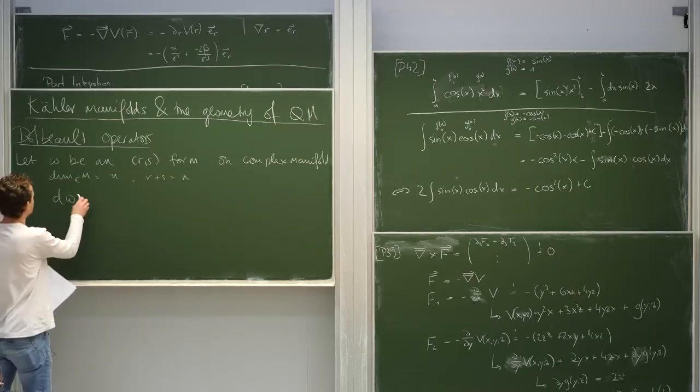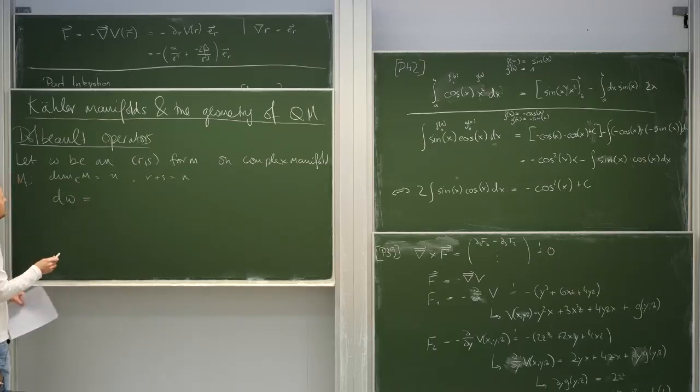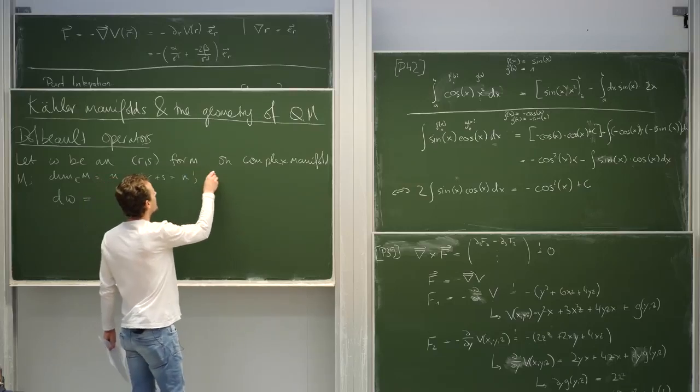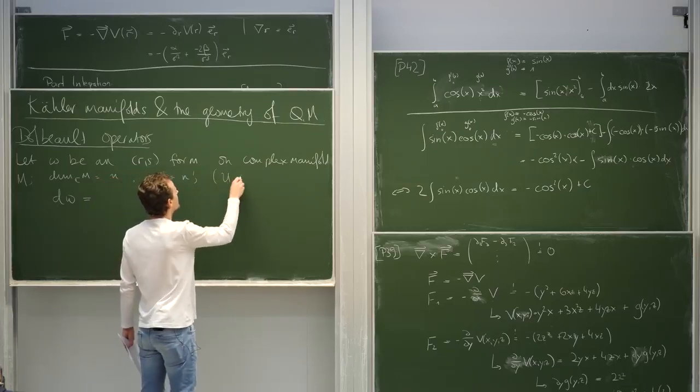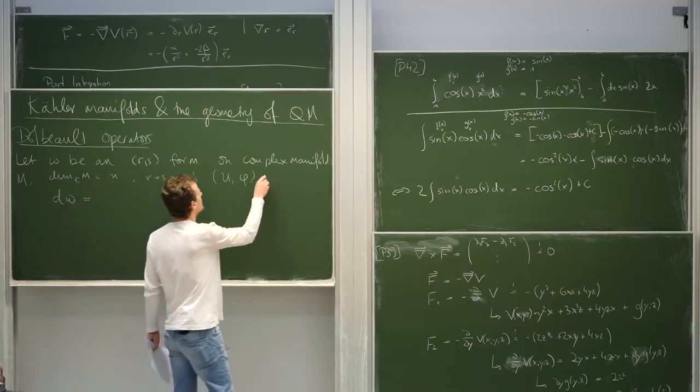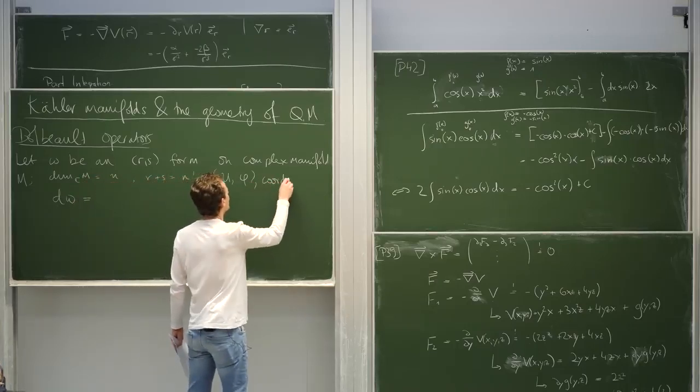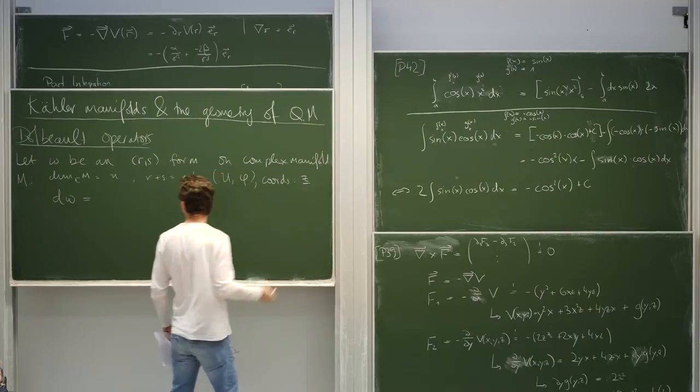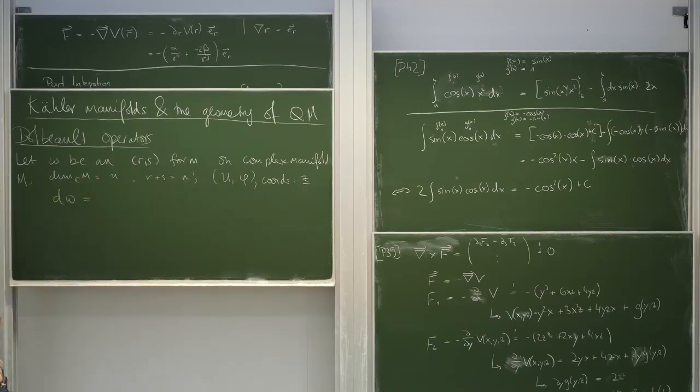Now, if you choose to write this out in some chart with complex coordinates z, then we can write the exterior derivative out in terms of real and imaginary components as before.